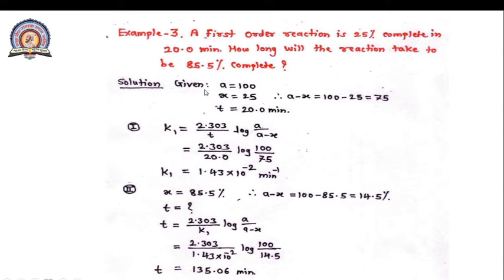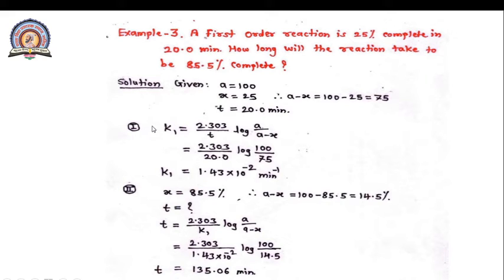Now the solution. The given value a = 100, that means a is the initial concentration, x = 25, meaning the reactants consumed, and therefore a - x = 100 - 25 = 75. t = 20 minutes.